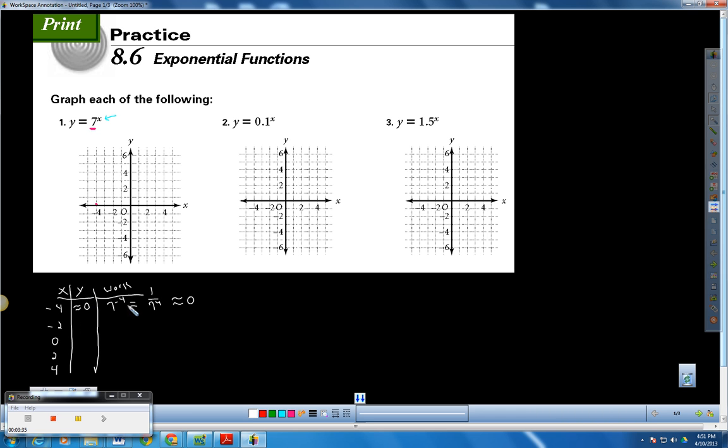7 to the -2 power. Well, I know that one's a little bit easier. 1 over 7 squared. I know that 7 squared is 49, so that's 1/49th. I know that 1/50th is going to be about the same as 2/100ths.